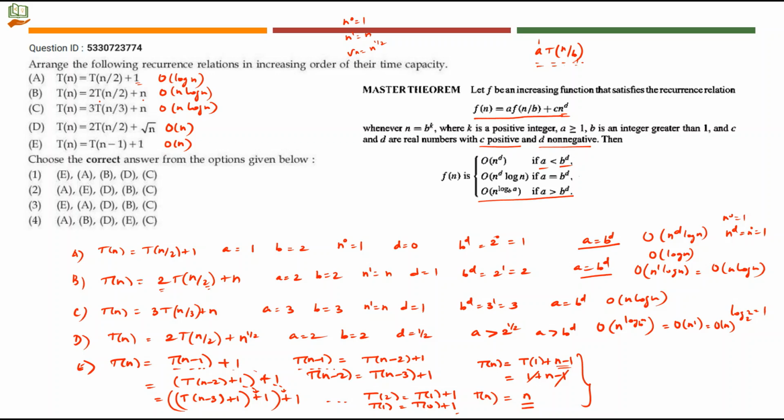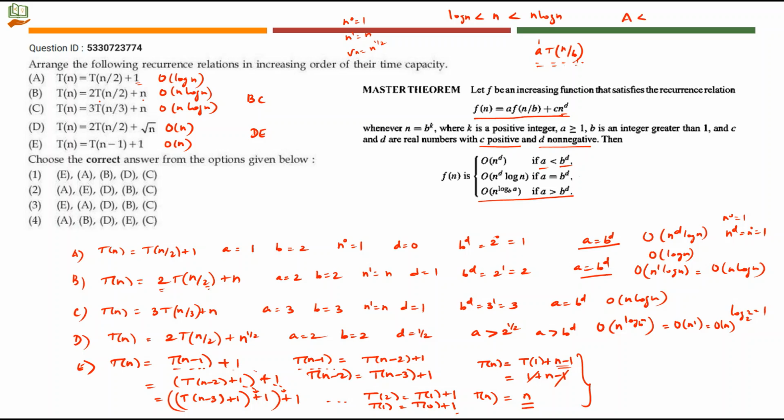We know B and C will be occurring together and D and E will be occurring together. What is the order of complexity actually? Log n will be less than n and it will be less than n log n. This is the actual order. So what is log n here? It is A. So we will have A first. What about n?